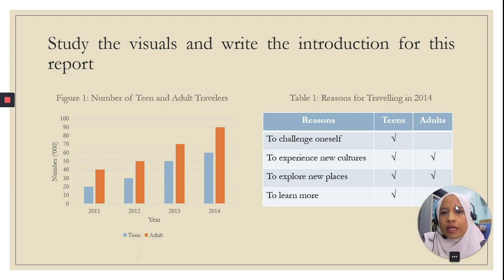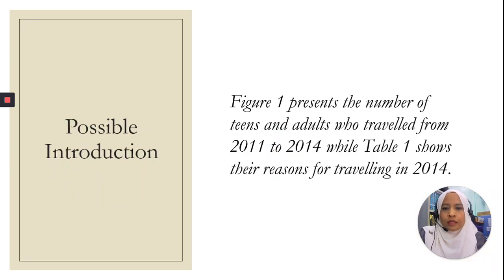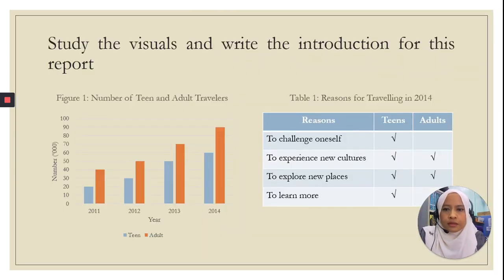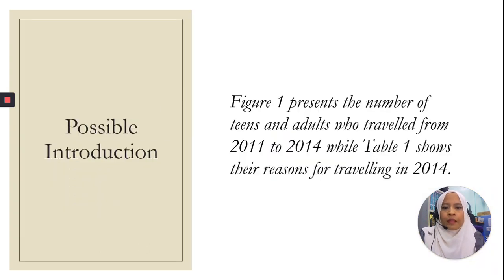Now how are we going to write the introduction for this report? Basically, you combine these words here with these words here using a conjunction, so you are creating a simple sentence. A possible introduction would sound something like this: Figure 1 presents the number of teens and adults who traveled from 2011 to 2014, while table 1 shows their reasons for traveling in 2014.